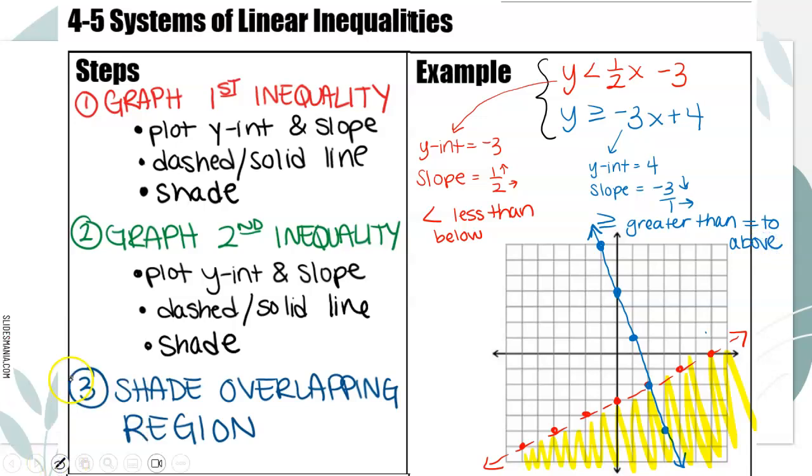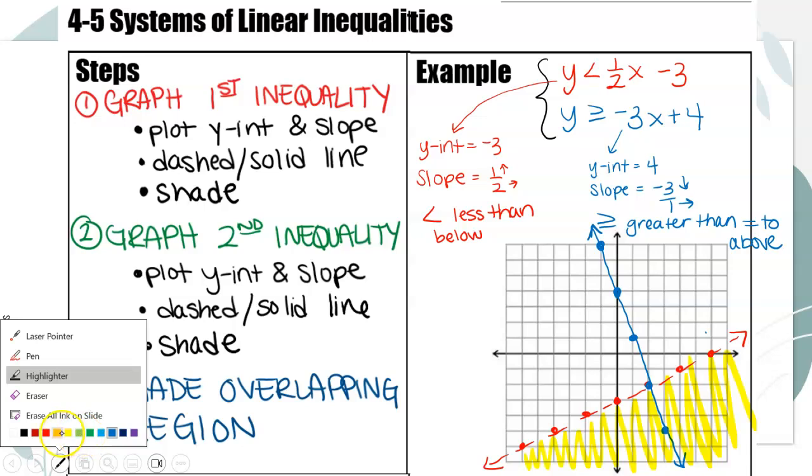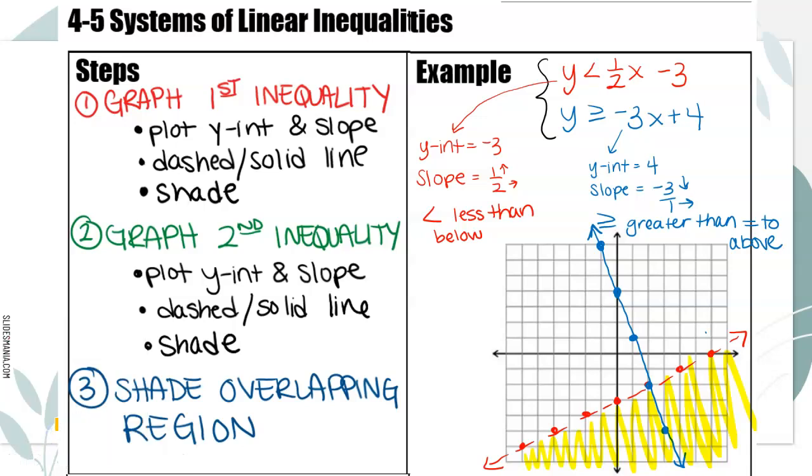Now, this one's a little bit tricky because above the line is kind of hard to tell, right? So what I usually do when it's a really steep line is I'll look at that blue y-intercept right here, and I'm going to start above that, right? So that kind of helps me guide above and below. So I'm going to shade on this side of that blue line.